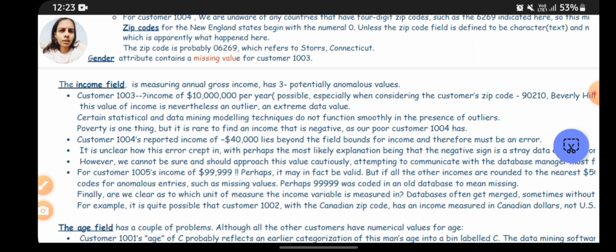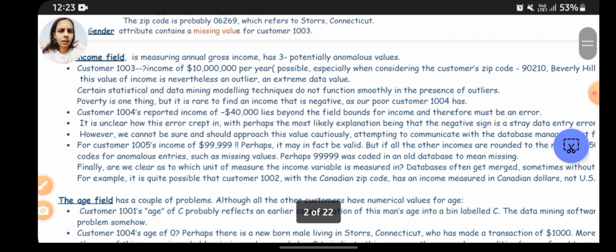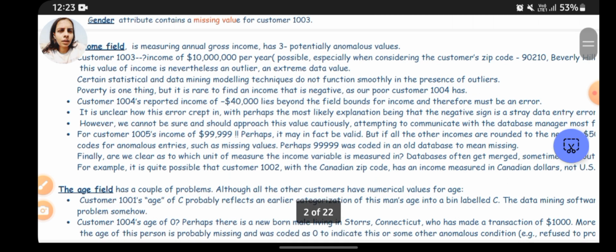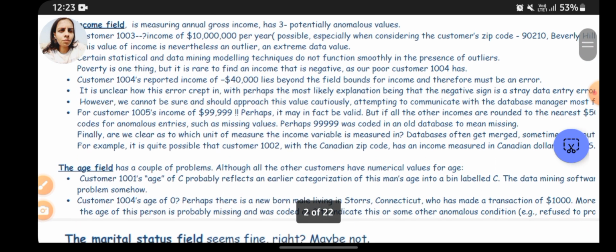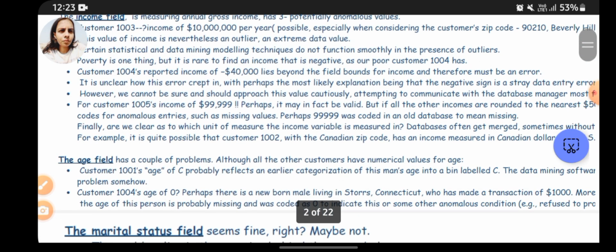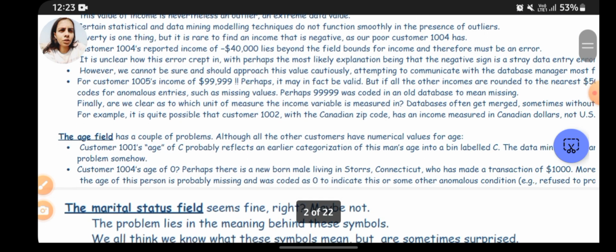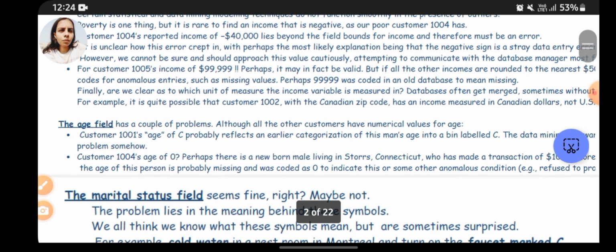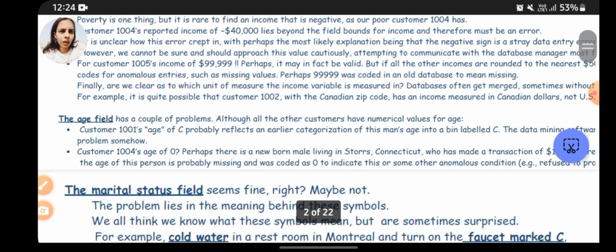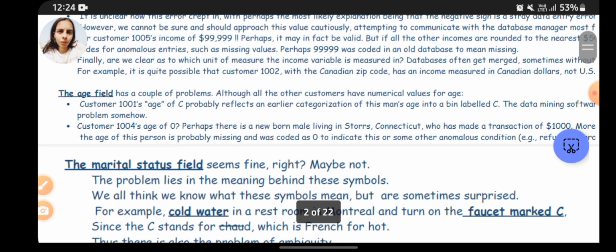Certain statistical and data mining modeling techniques do not function smoothly with outliers. Finally, we are not clear about the unit of measure of the income variable, since databases often get merged. For example, it is quite possible that a customer with a Canadian zip code has an income measured in Canadian dollars, not US dollars.